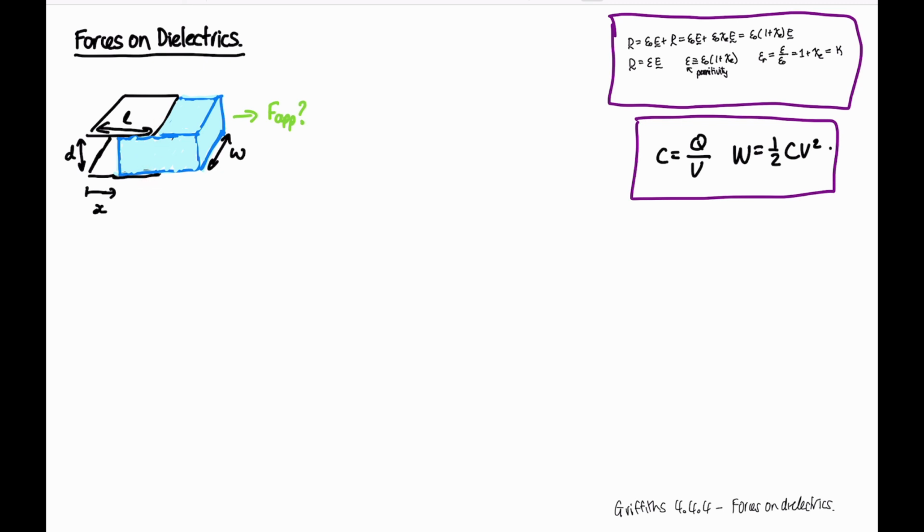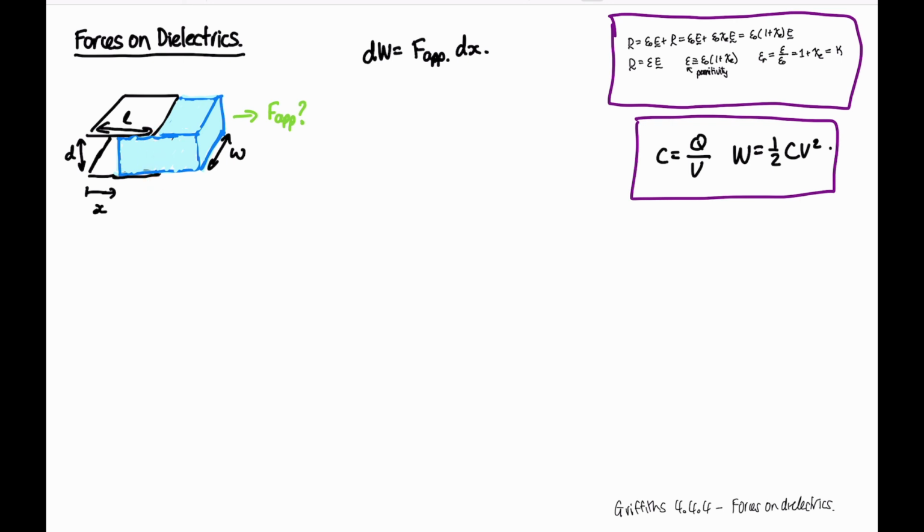Okay, so in order to do this, the amount of work that we need to do in order to pull it out can be calculated with dW is equal to the applied force times dx when this applied force is parallel to the x direction. So that's measuring how far it has come out of the space between these plates.